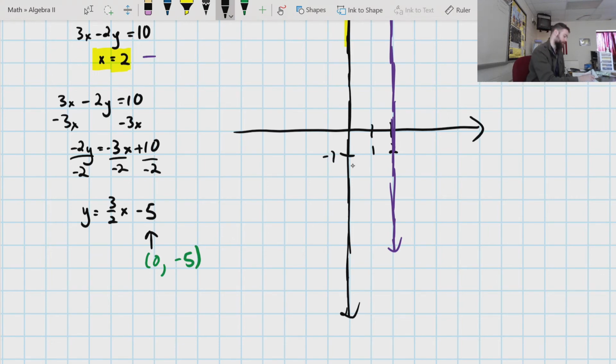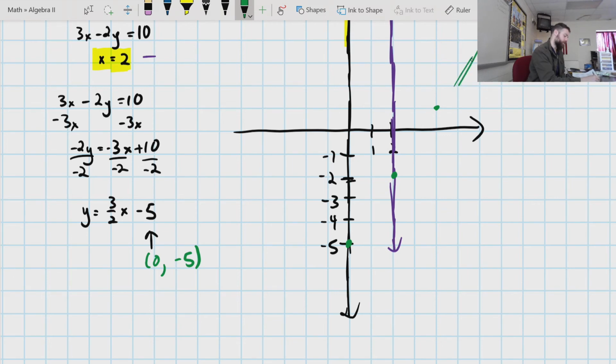Okay, we're good. So 0, negative 5, and then what's my slope? Well, it's going to be up 3 and then right 2. So from that green point, up 3, 1, 2, 3, right 2. And then again, up 3, right 2, up 3, right 2.